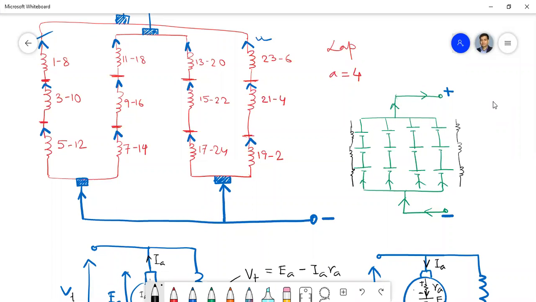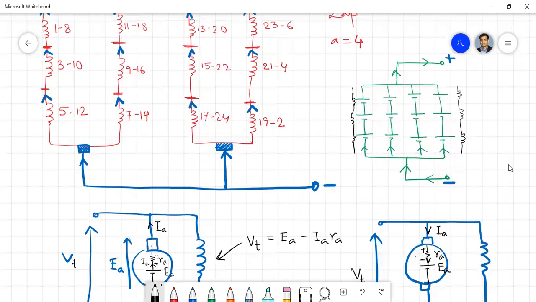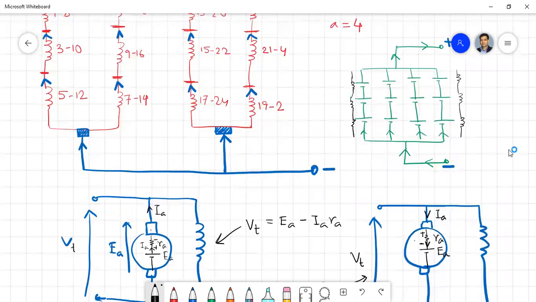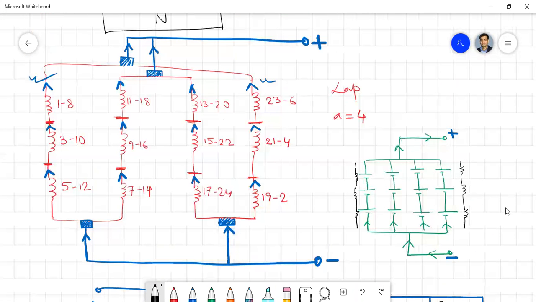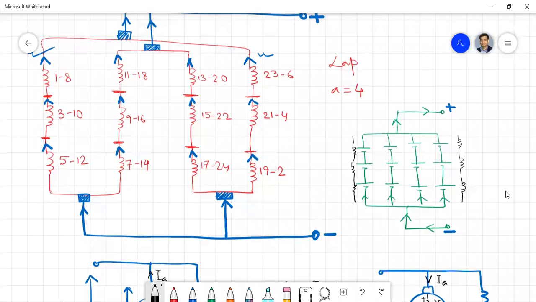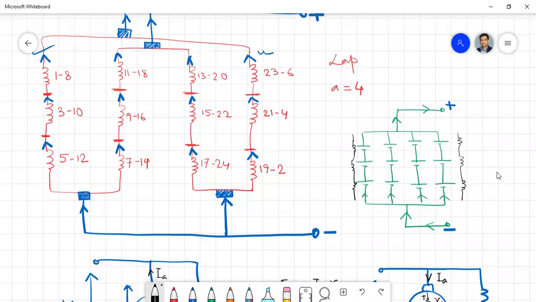I mean, here you have done it for the generator mode, isn't it? Which one? This particular figure, the green one? Yes, the green one is for generator mode only, because in his diagram he had drawn the generator, but for the motor it will be different. Yes, sir. Okay, sir.